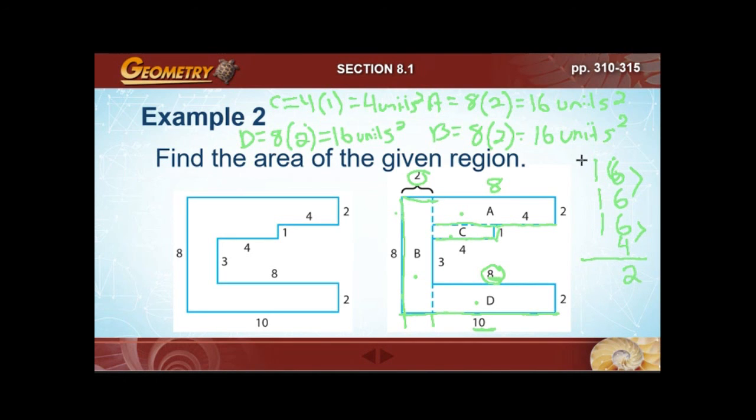So put a 2, carry a 2. 2, 3, 4, 5, 52, and I was adding all those. 52 units squared is the area of this figure. So notice how we were able to divide it up into sections and to figure out the area by finding the area of each of the pieces and adding them together.